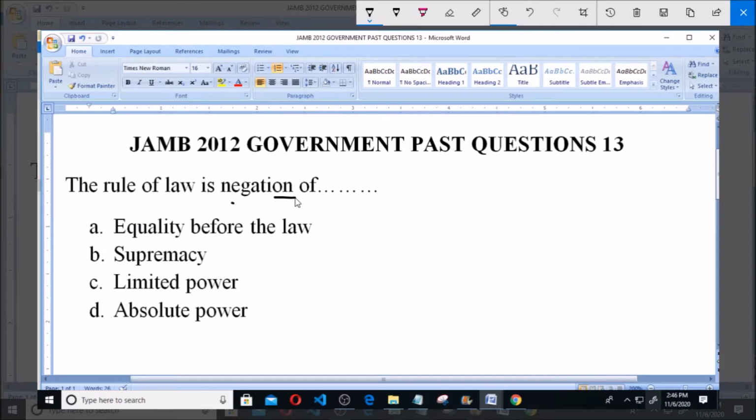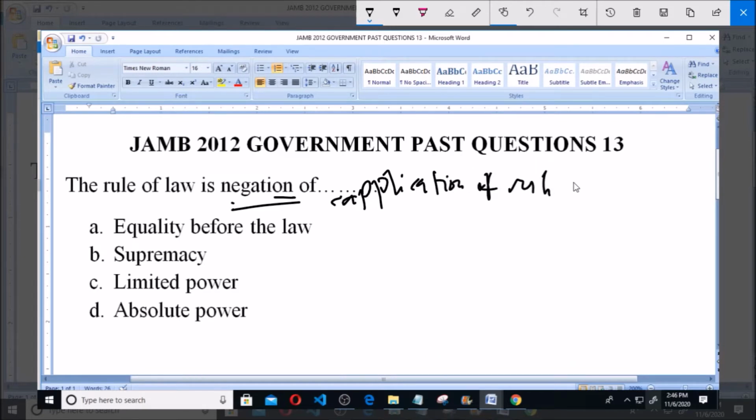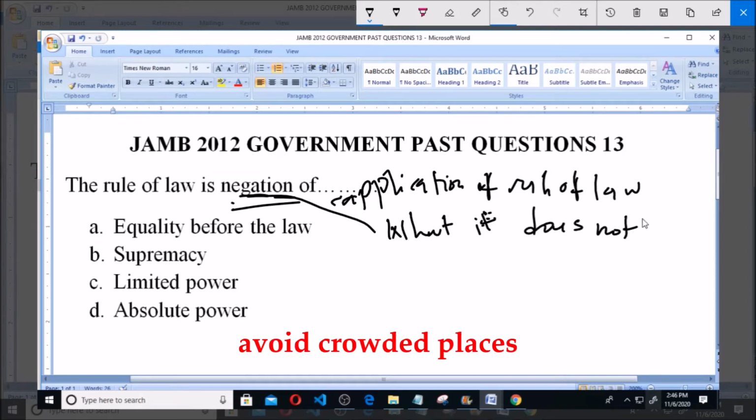Negation means the real application of rule of law, and the word negation means what it does not entail.